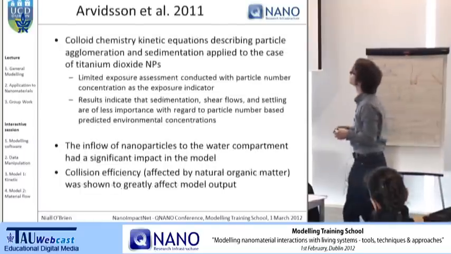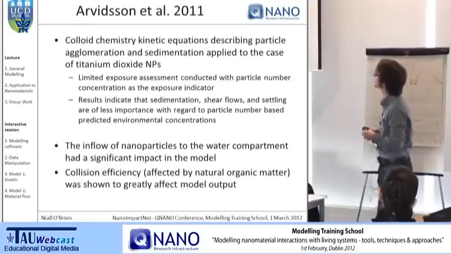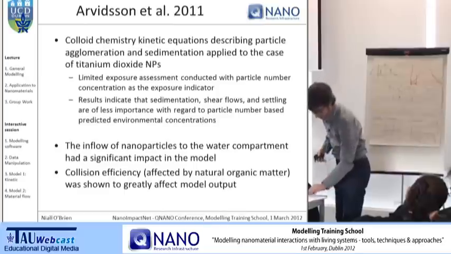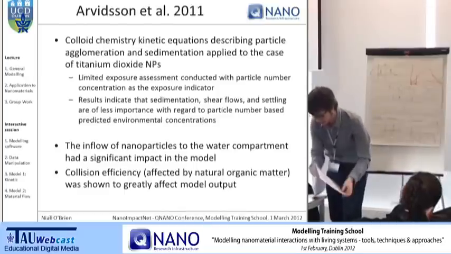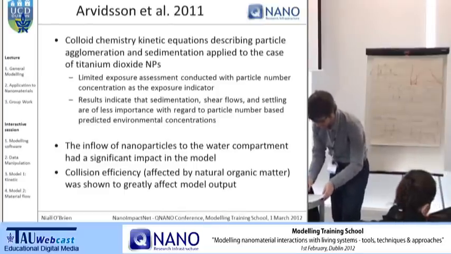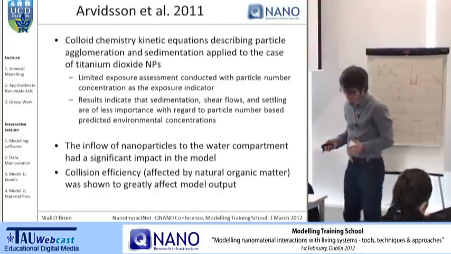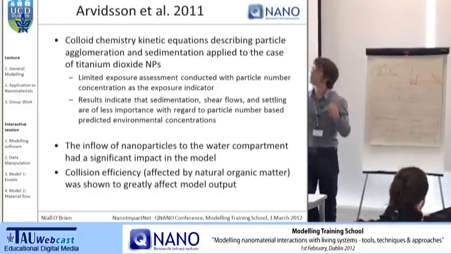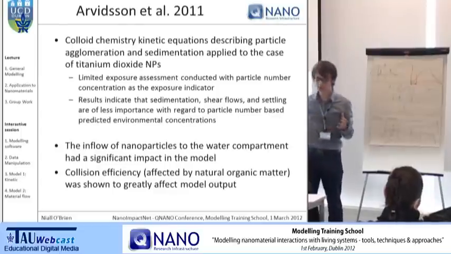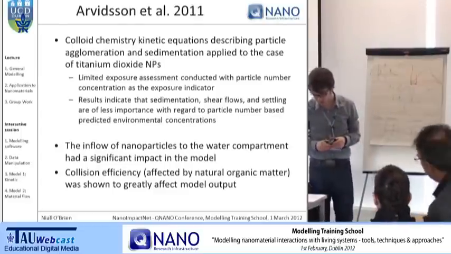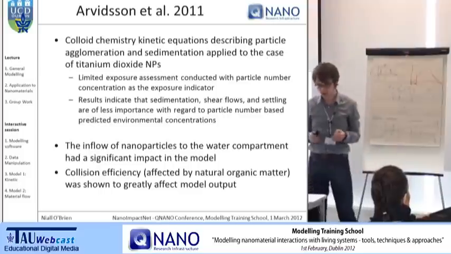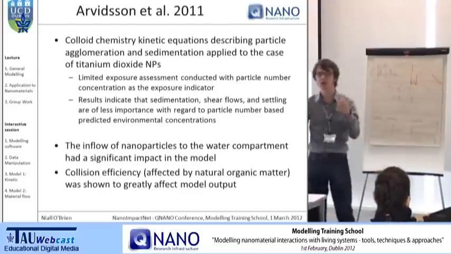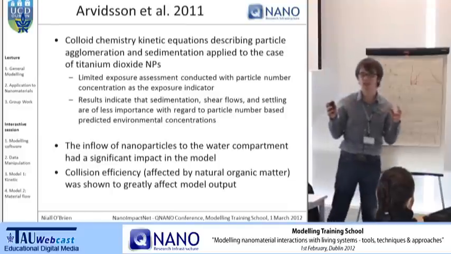Arvidsson et al. looked at colloid chemistry kinetic equations describing particle agglomeration and sedimentation. In attempting to populate these equations, they found a number of data gaps associated with nanomaterials, such as disaggregation rates and collision efficiency, so when particles collide, how likely they are to stick to each other.